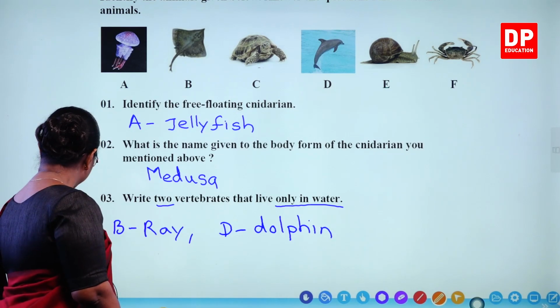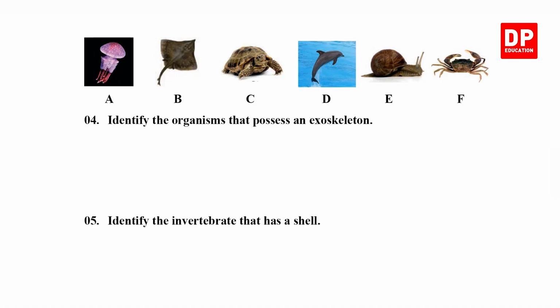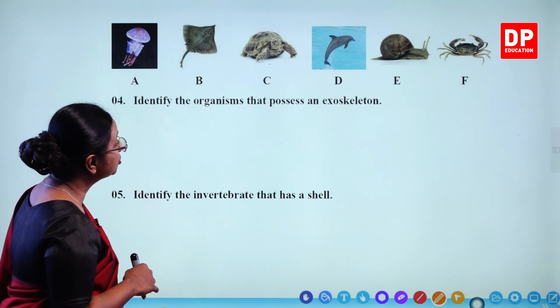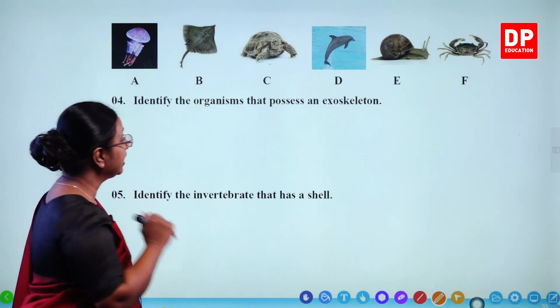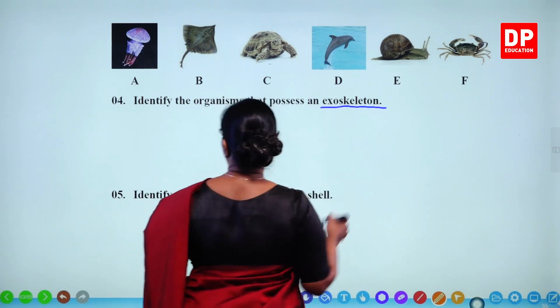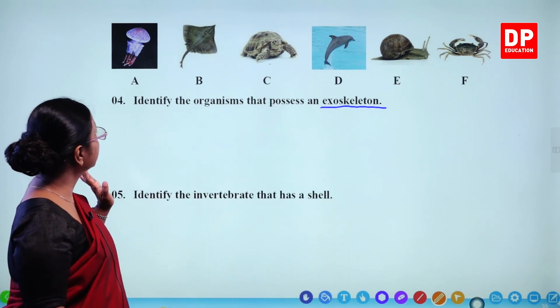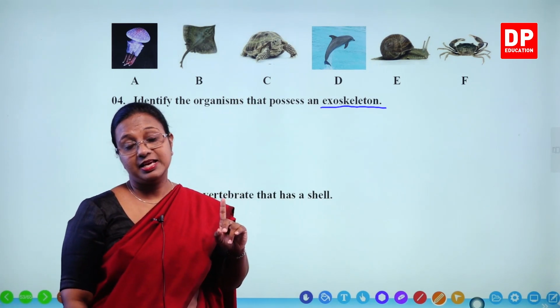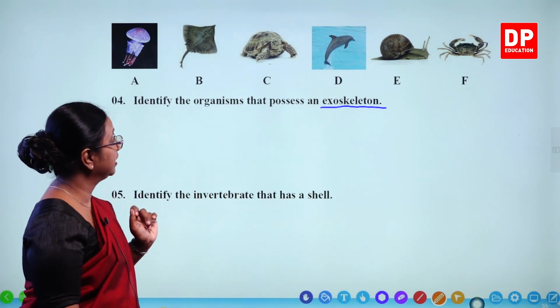Now this question continues. Then the fourth one, identify the organisms that possess an exoskeleton. Look at the question, exoskeleton. Now A, jellyfish doesn't have. Ray, no. C has a shell, not an exoskeleton.